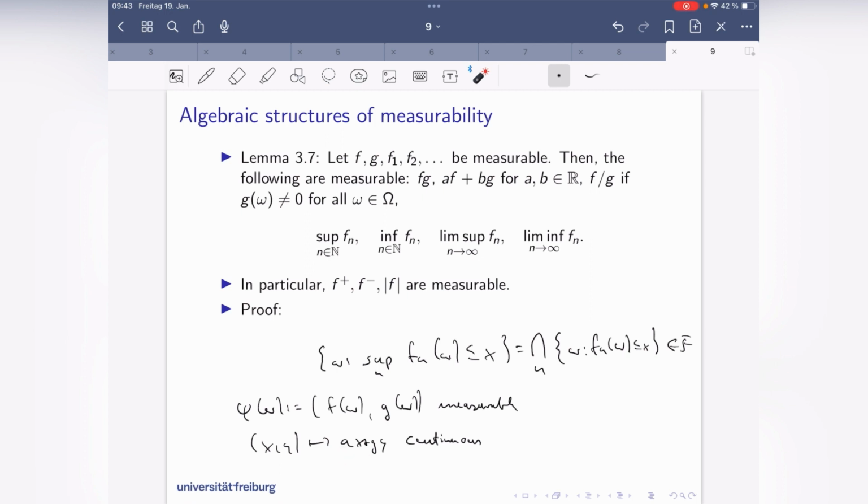So I can write this function here, af plus bg, as a composition of two measurable functions, the psi here and the other function here. And compositions of measurable functions are measurable, so we are done. And it's similar for the product, and it's similar for the quotient.